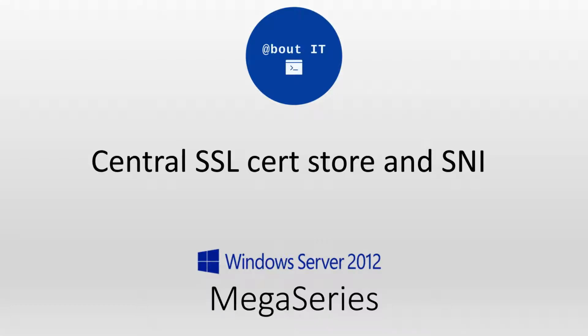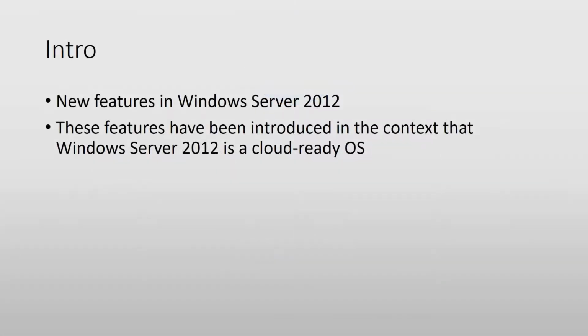In this video we are going to talk about some improvements to the IIS server in Windows Server 2012. So the two new features that you saw in the title are also new features in Windows Server 2012, and these have been introduced because Microsoft marketed Windows Server 2012 as a cloud-ready OS, and they did a lot of improvements in storage, in virtualization, in networking, and so on.